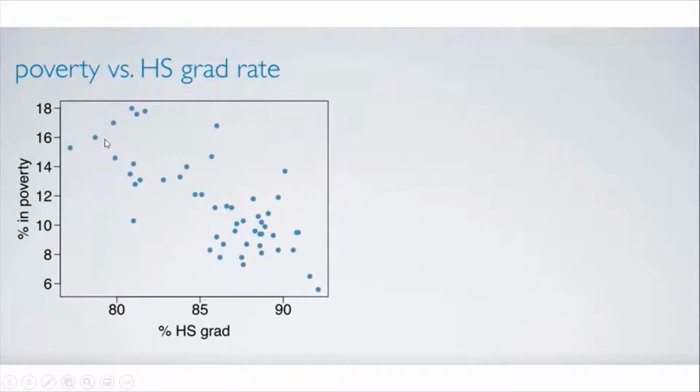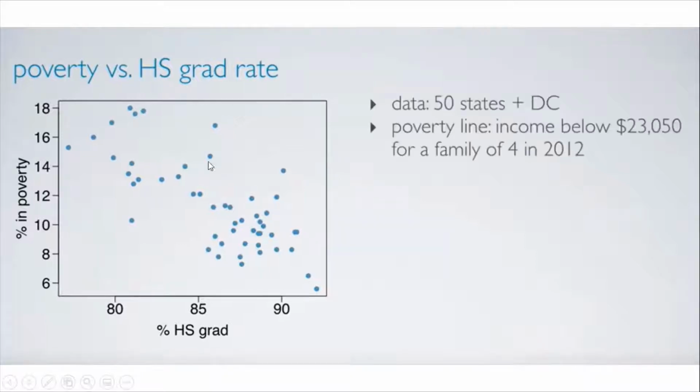You can see that this scatter plot pattern is decreasing. So based on this plot, we can say that the percentage of high school graduates has some linear association with the percentage in poverty.